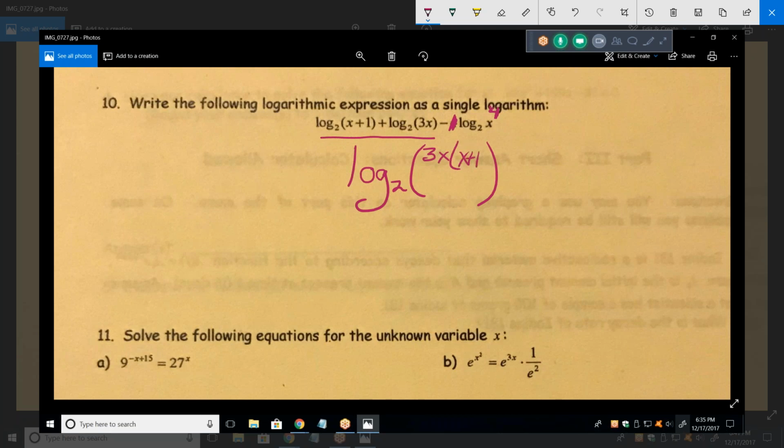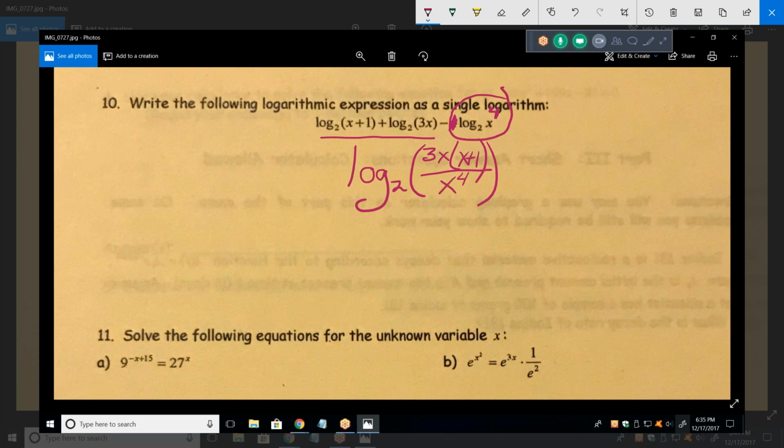In other words, we have two logs that are being added together. That means we can turn it into one log where those arguments are multiplied together. And then we have another log over here that's being subtracted, which puts it in the denominator of the argument, as x to the fourth.